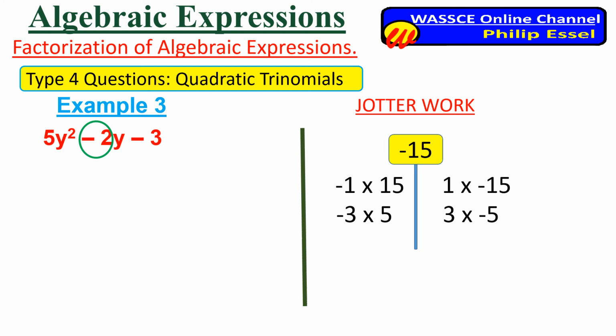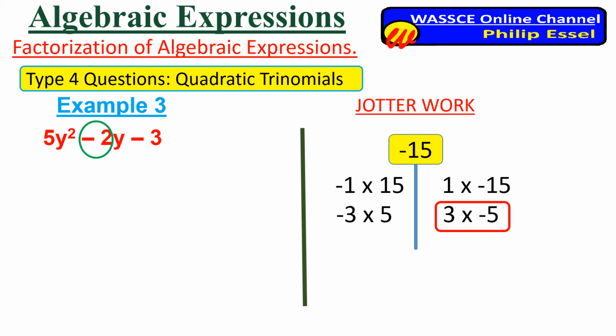When you go through carefully, you would realize that for the pair 3 and -5, when we add the 3 and the -5, we would get -2. So those are the pair we are going to use to replace our -2. So we are going to rewrite our expression. This time, we are going to replace our -2 with 3 minus 5.